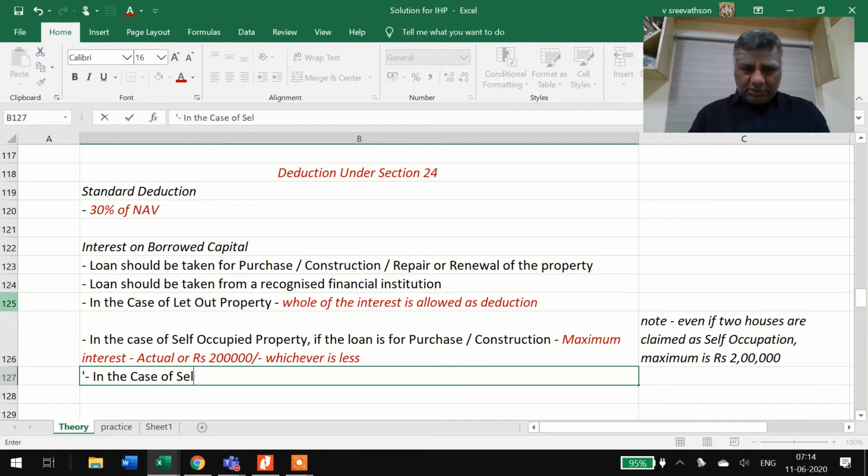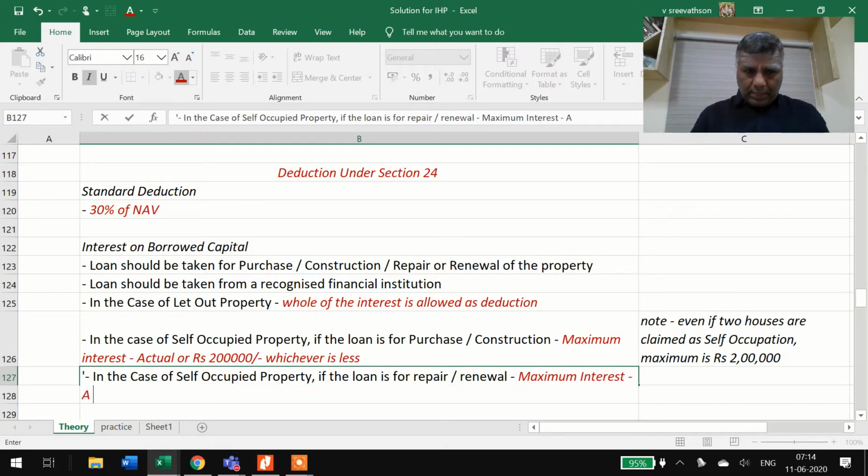In the case of self-occupied property, if the loan is for repair or renewal, maximum interest is actual or rupees 30,000, whichever is less.